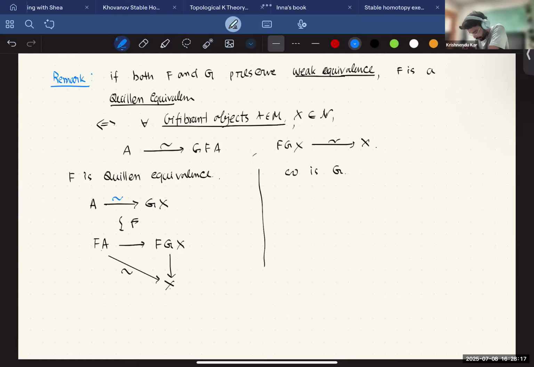Applying F preserves your weak equivalences. That means that you get this F of A to F of GX by the axiom. Now, by the 2 out of 3 property, this will give you your weak equivalence.